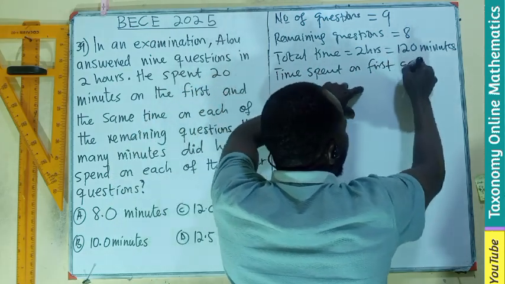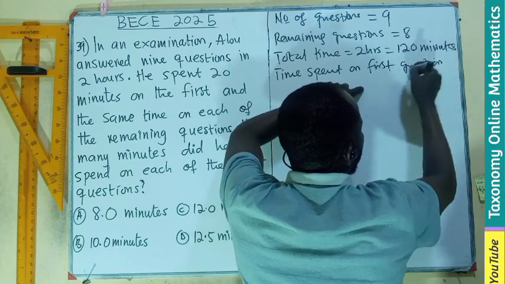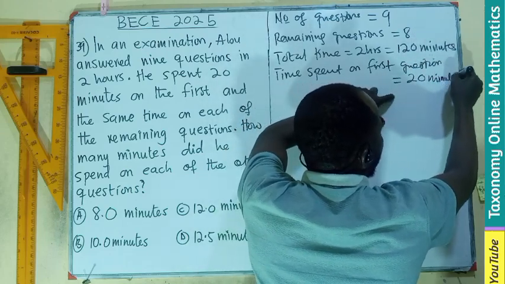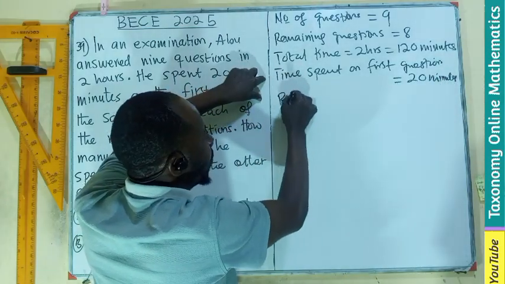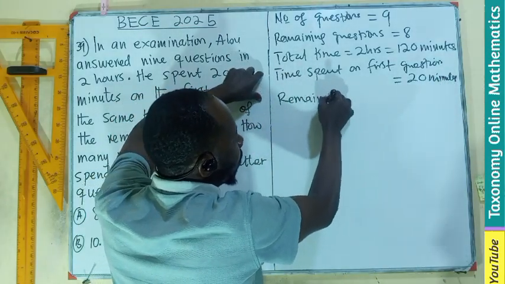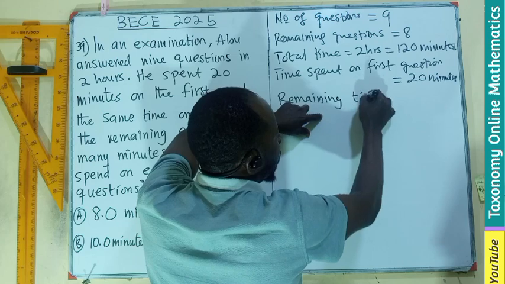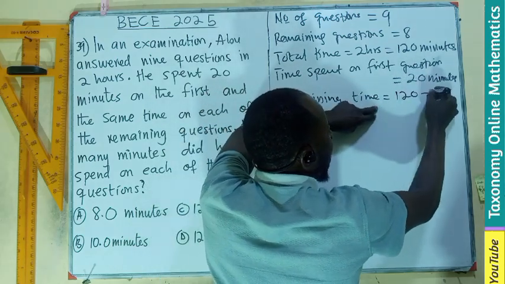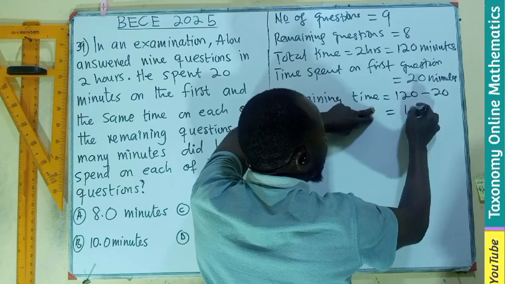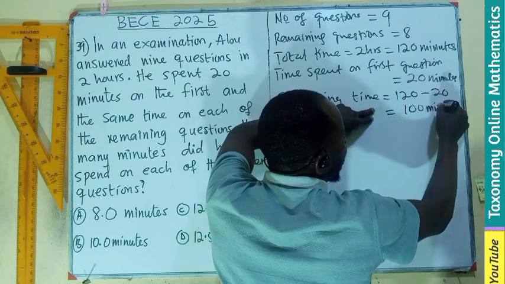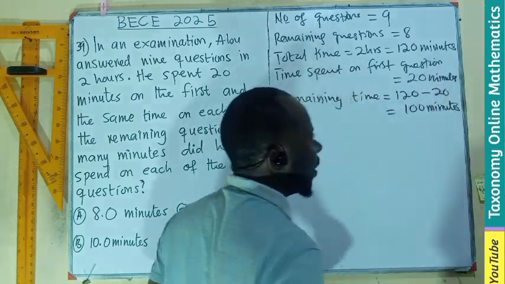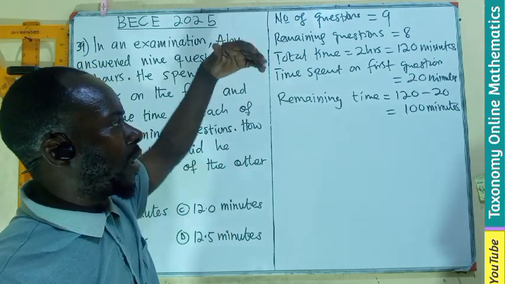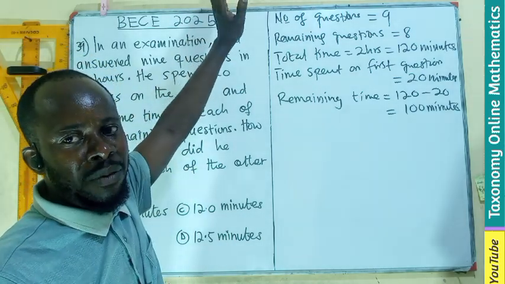First question is given as what? 20 minutes. Then remaining time is going to be 120 minus what? 20 minutes. That gives us what? 100 minutes. So don't forget that we already know the time for the first question.